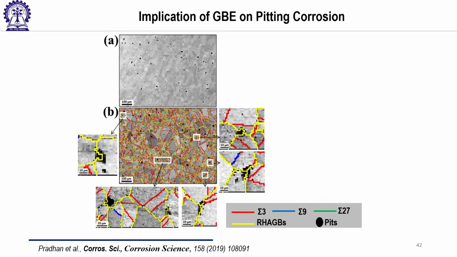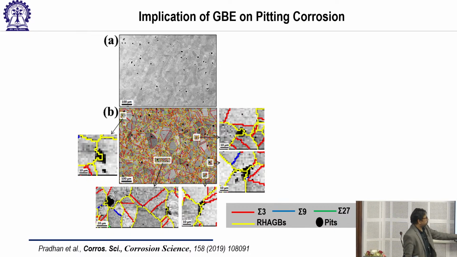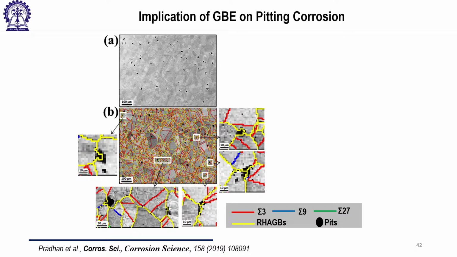Just see this picture, you can see the pits. We have done AFM and EBSD in the same locations to find out where pits nucleate, which are the boundaries more prone to pits. The random high angle boundaries are shown in yellow, sigma 3 red, sigma 9 blue, sigma 27 green.